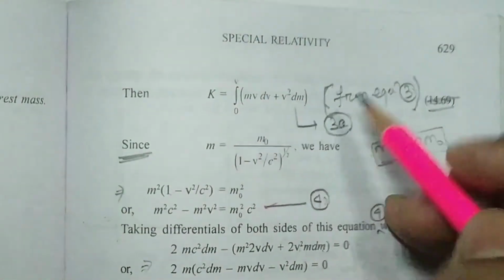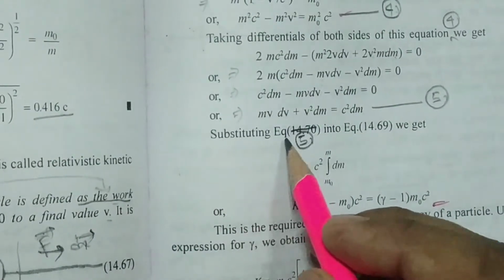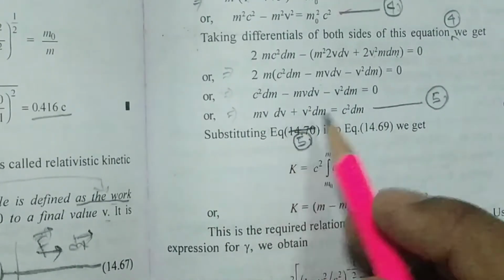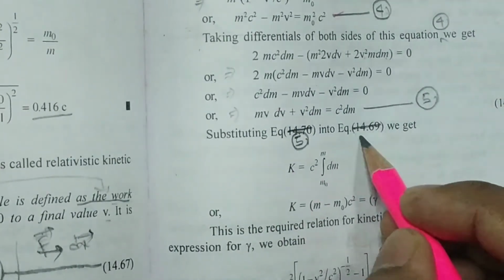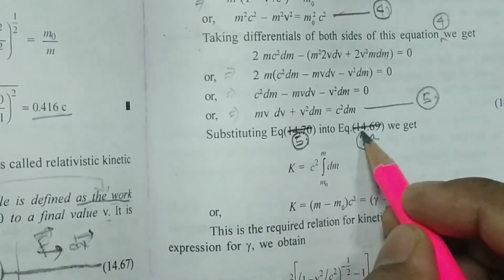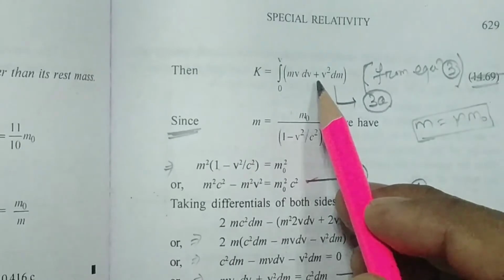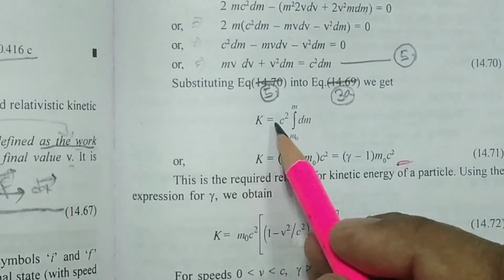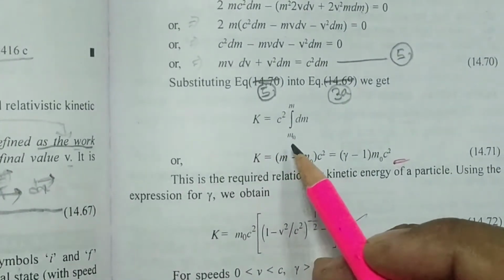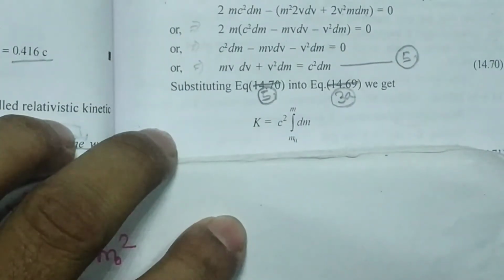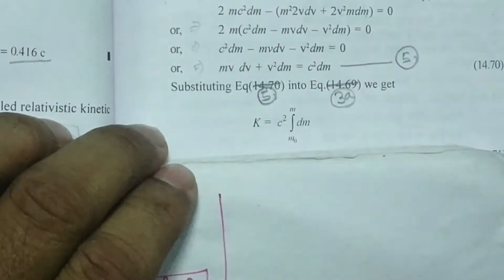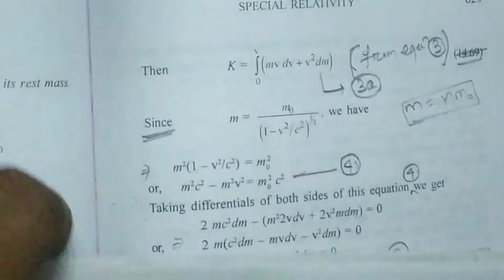So substituting equation number 5 in equation number 3a, what we can get? K equal to... Initially, equation number 3a was how much?